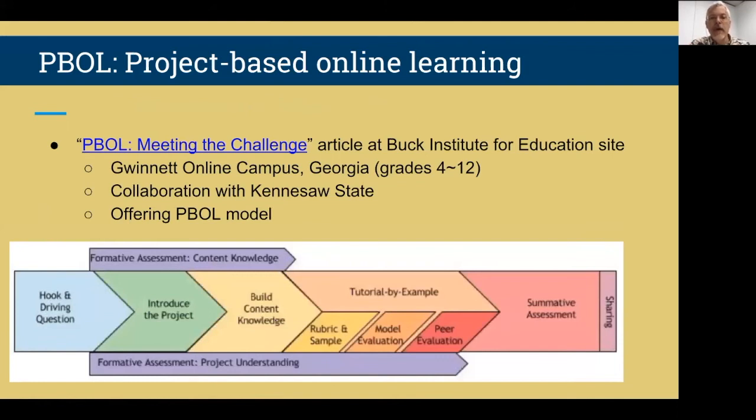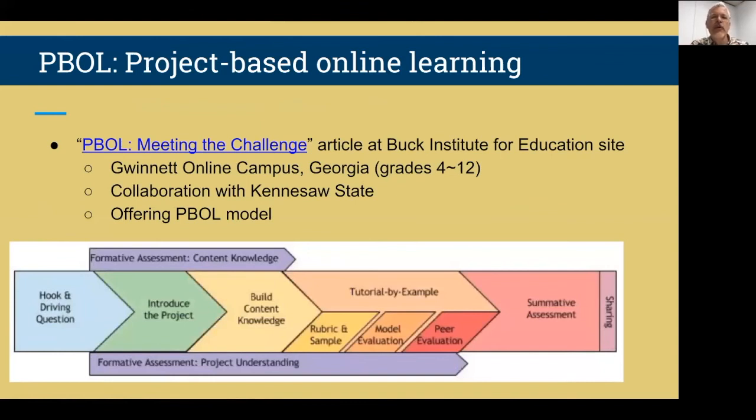So in this PBOL model, the students build their knowledge through a series of tutorials by example. And this is an iterative part of this design in each stage of which the students view a rubric and a sample, and then they are taken through evaluation by an authority, and then evaluation by peers.